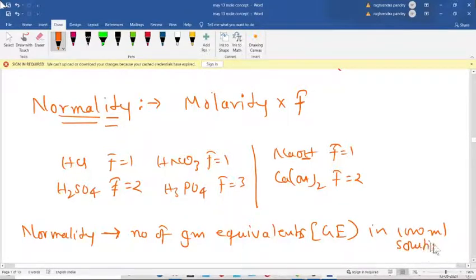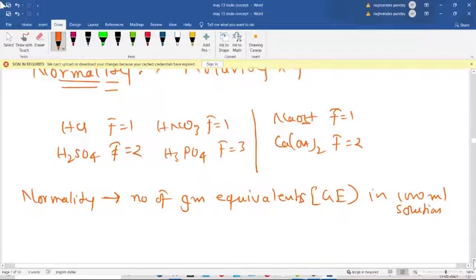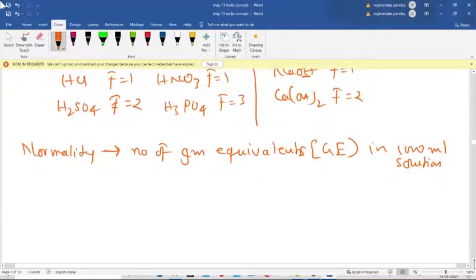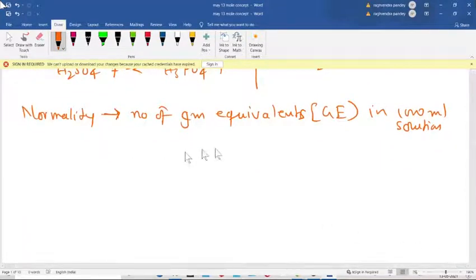So that is another definition. Equivalents, you know. So that is your normality definition. Now let's understand all this. What does this mean?